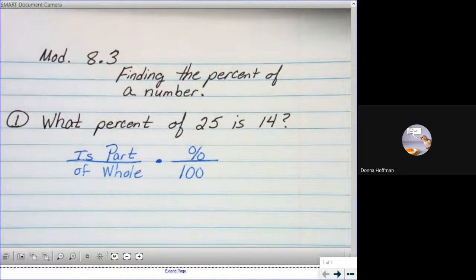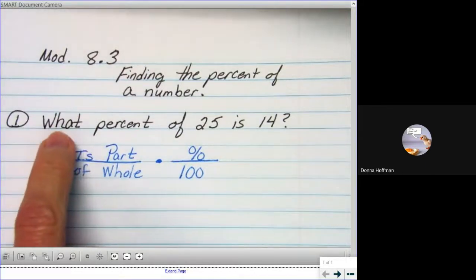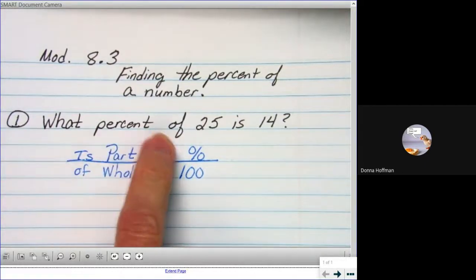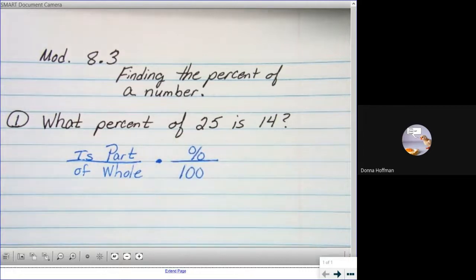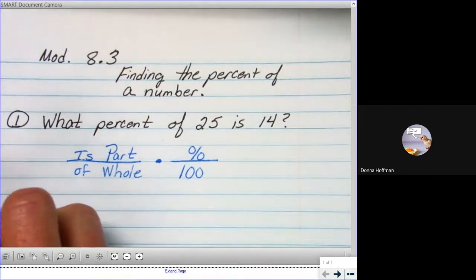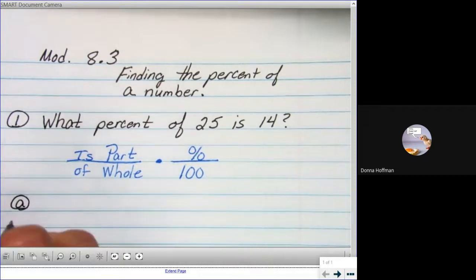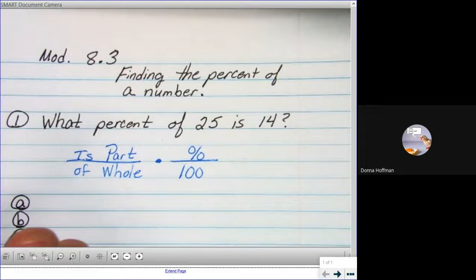For an example, this one here is saying what percent of 25 is 14? So the percentage is where the box is going to be now. And this is my set of instructions on how to solve this.